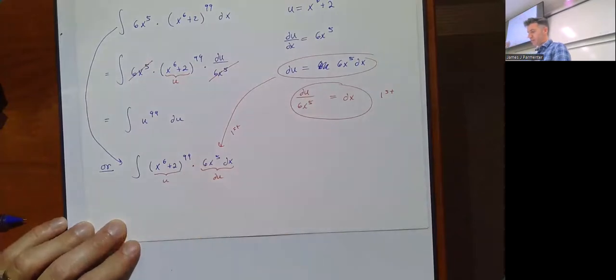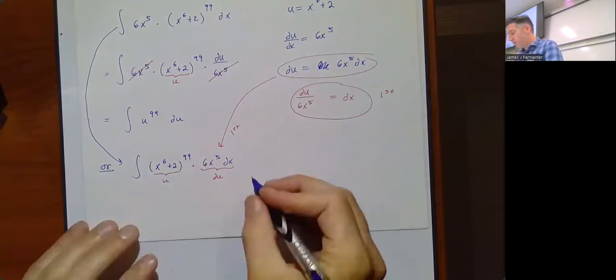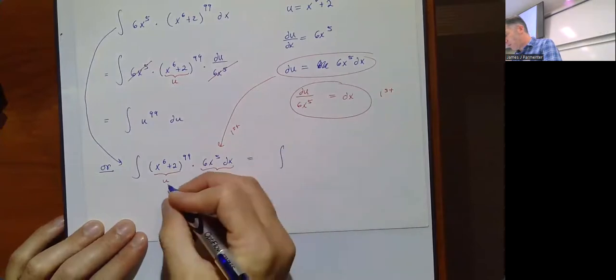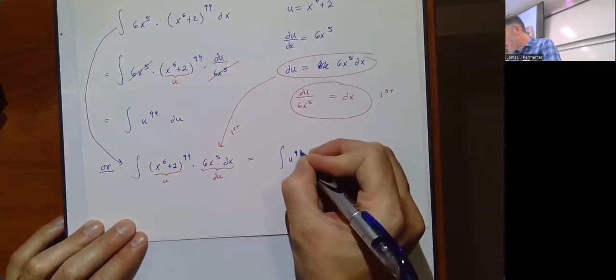Oh, that's just u. The reason I keep emphasizing that is because occasionally there are problems where you plug in the thing that you said was u, but you actually needed that to take care of the du part. So it can screw up your work if you don't do it in this order. So now we're going to have the integral of u to the 99th power du. Same thing either way, right?